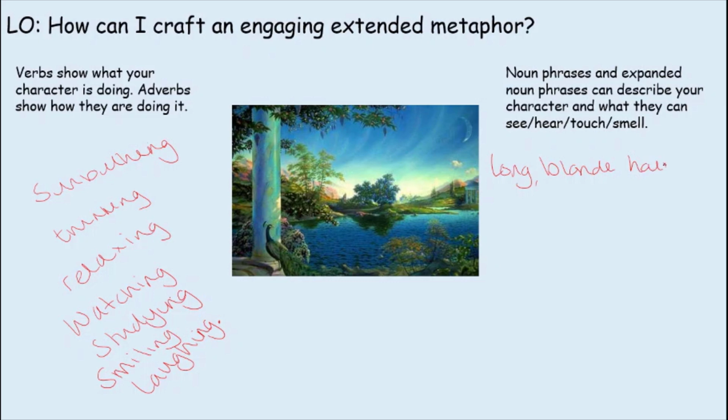I've used an expanded noun phrase here. The noun is hair, and I've got adjectives here to describe it. Deep blue eyes, soft pale skin. So I'm describing a very calm, relaxed, happy character here.